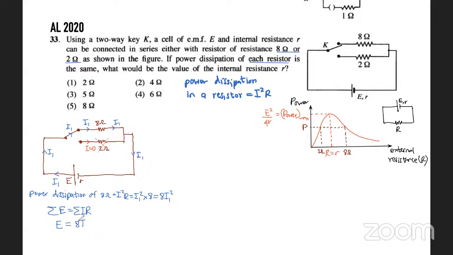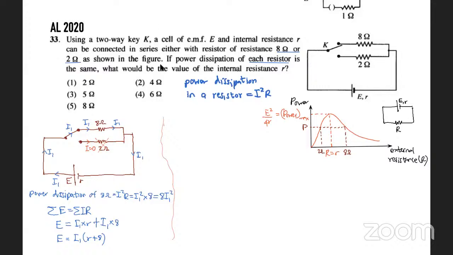If not, I will write it this way: I1 into R, current is going through R, and current is also going through 8 ohm, I1 into 8. So finally, E is equal to, you can take I1 as common, I1 times (simple R plus 8). This is the first equation we have, right? And we have to do the same analysis after you put the switch to the other one, correct?